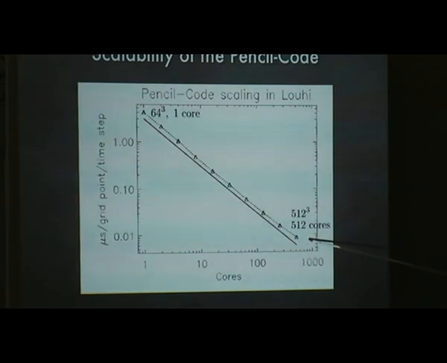Although here we do get some performance hit already because we only have 16 points in one of the Y or Z directions, so this is already quite low. Still it scales pretty well.